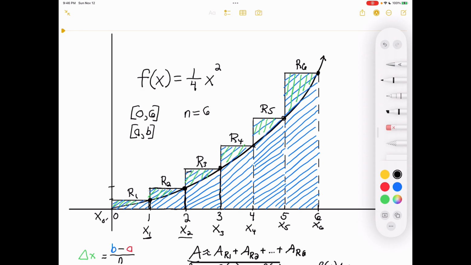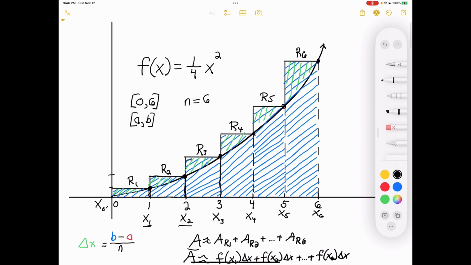What we did in part 1 to estimate this area was we took the interval from 0 to 6 and partitioned it into 6 equal subintervals. We created 6 rectangles of equal width.